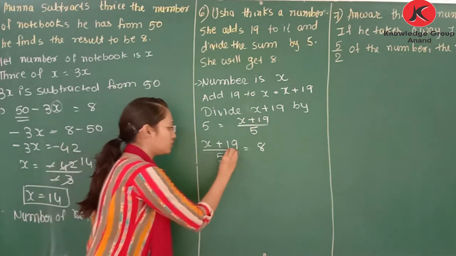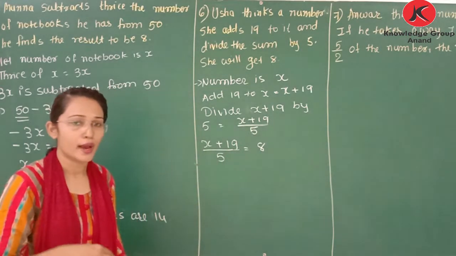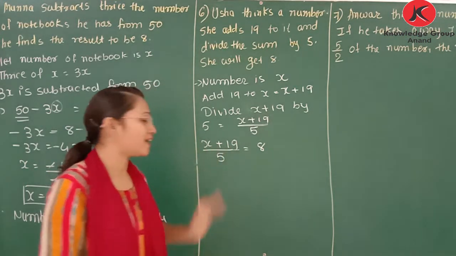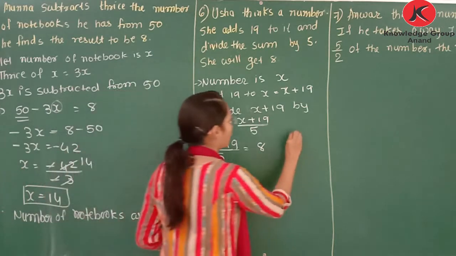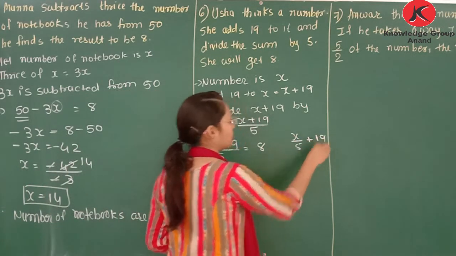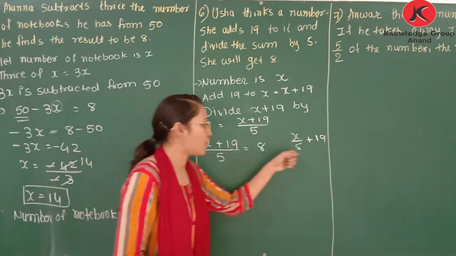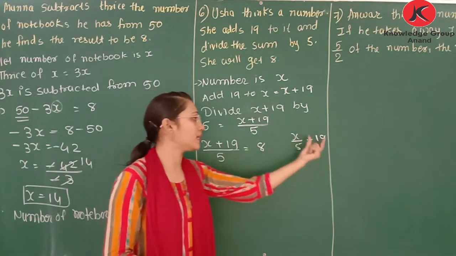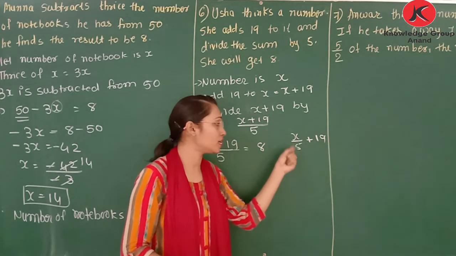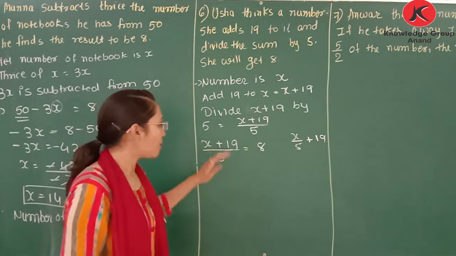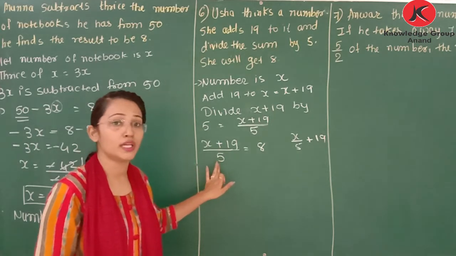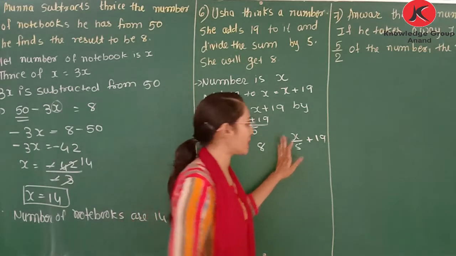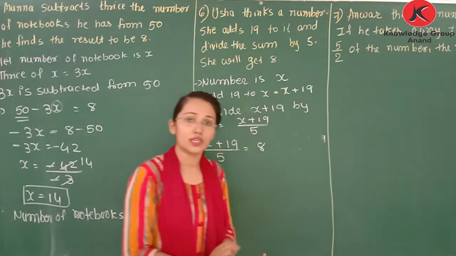Now first of all, here 5 is in the whole division. What did we do in the previous example? First we took 19 across and then 5. But when do we do that? When 5 is in the denominator of only x, we just move 19 to the other side first and then multiply by 5. But here 5 is in the denominator of the whole term. That's why you need to take 5 to the right side first, and it becomes multiplication with 8.